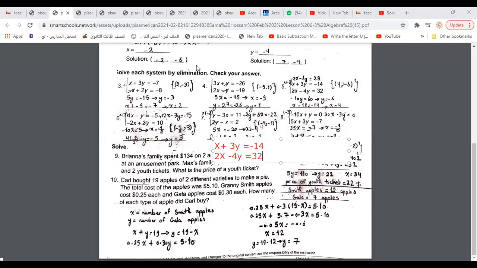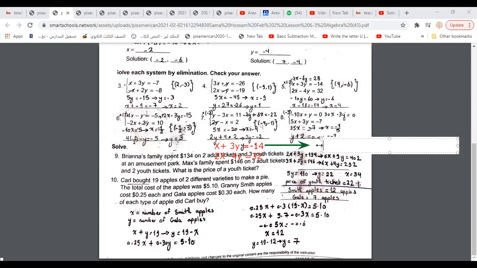Is there anyone who can tell me what we are going to do? We can multiply the first equation by negative 2. The first one upwards by negative 2. Okay, so we can multiply the first one by negative 2 or by 2.